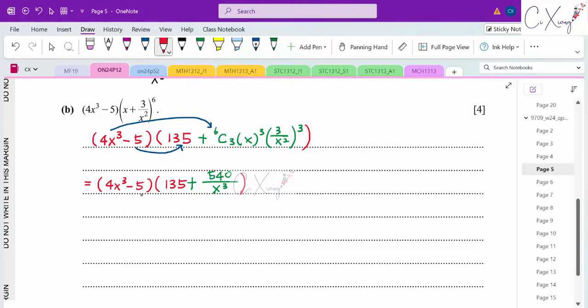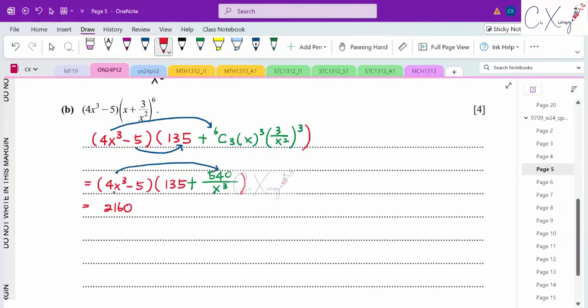Then for these two brackets, if I want to get the term that is independent of x, I have to take 4x power 3 multiplied with this particular term. I should be having 2160.